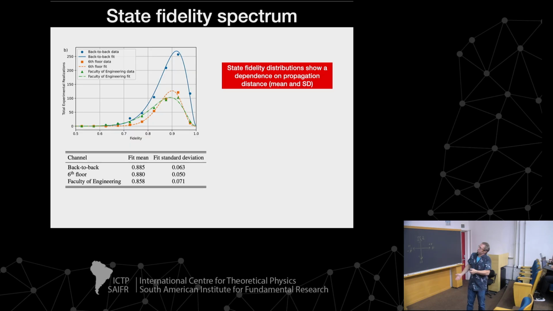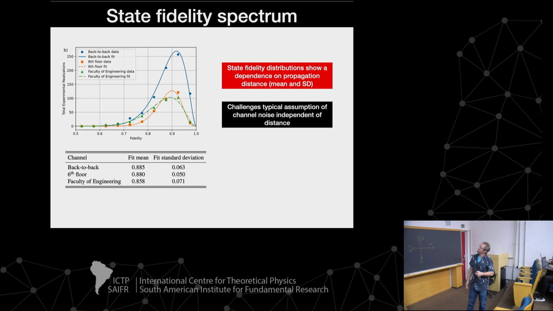And our data shows this. The fidelity is slightly lower for 1 kilometer propagation versus the other one. So this cannot be a static parameter that you throw into your model. It has to depend on the physics of the system you're considering. So, yeah, that's one thing we did.